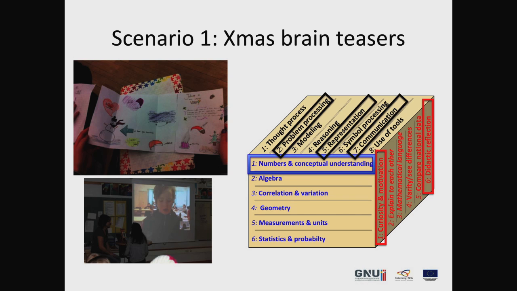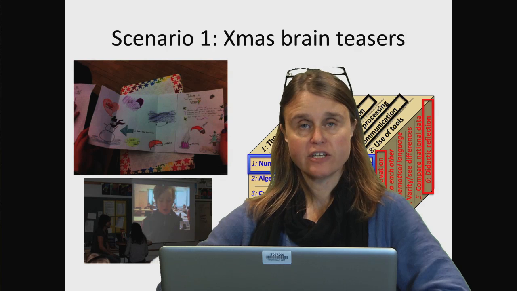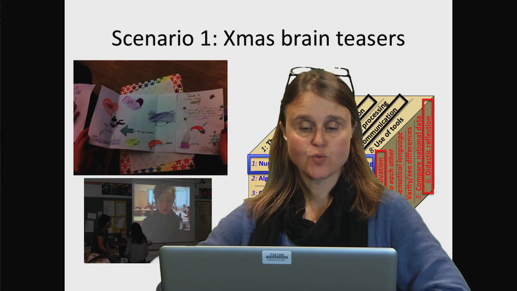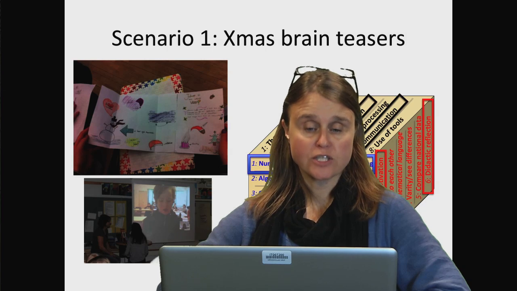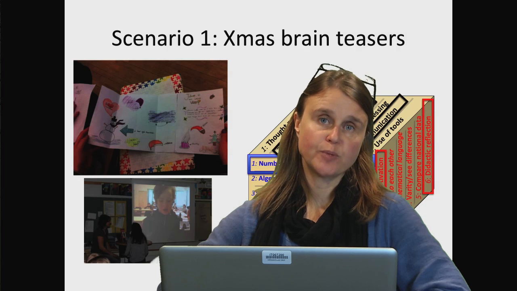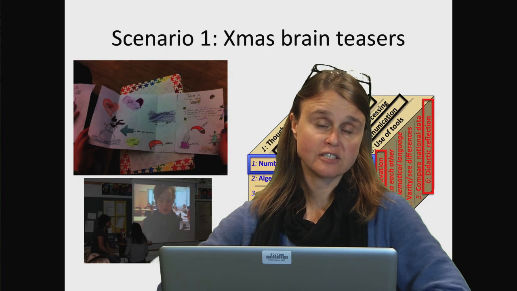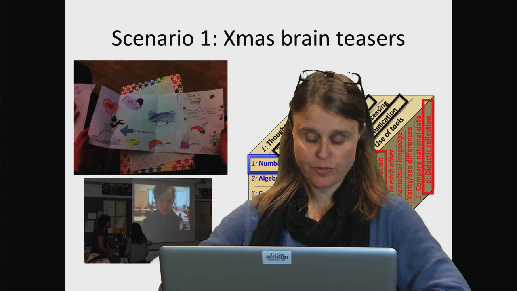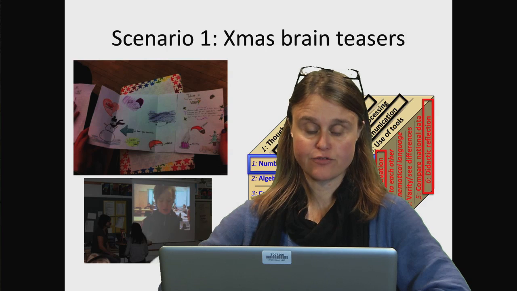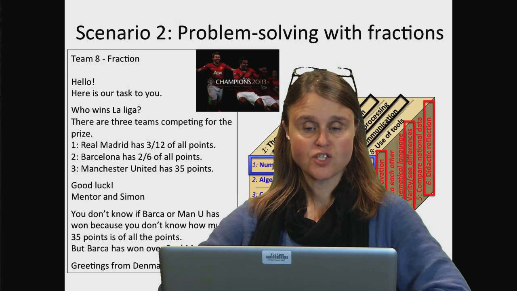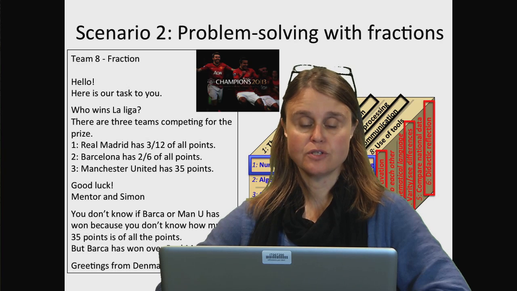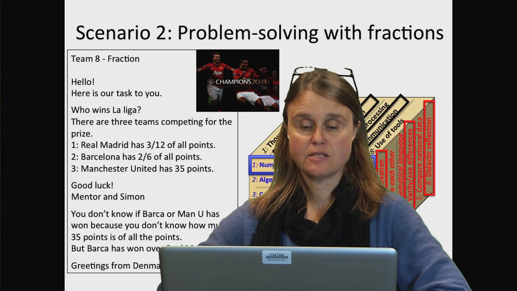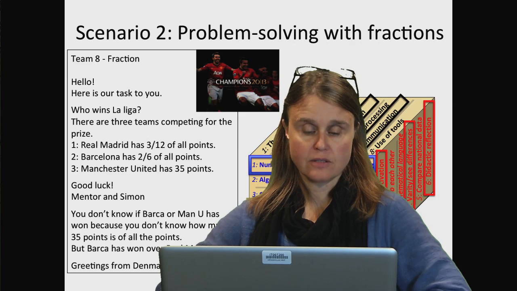I will now present 7 more different activities that the students did perform, as well as showing what parts of the Gnubic cube, in relation to key content, competences, and added value, were analyzed to be present in the different scenarios. In scenario 2, students send problem-solving tasks to one another based on division.